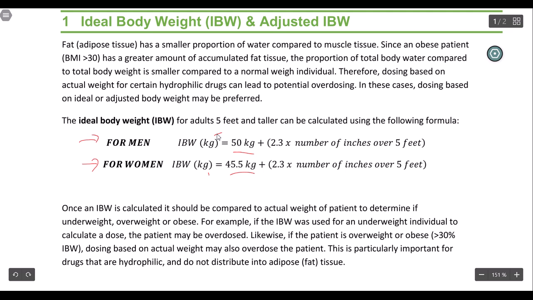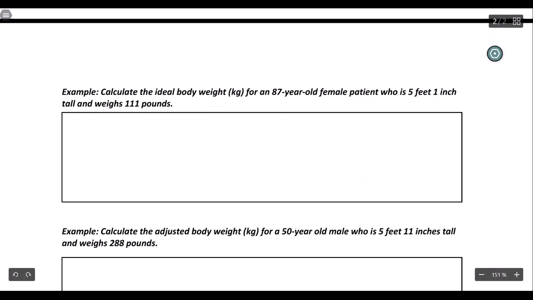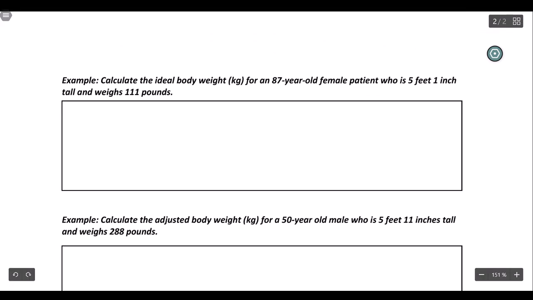So in our case, let's go back to our 87-year-old female. We determined that she was a female. Then we have to determine the number of inches over 5 feet. She is 1 inch over 5 feet.